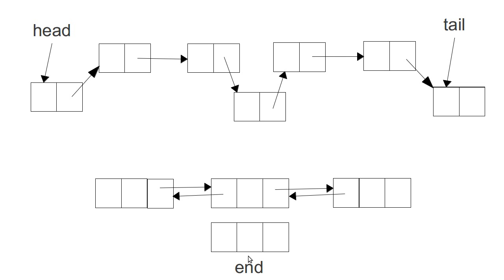And sentinel is just a name I don't like to have to type in for my variables all that often. So I go with the end. Why the end? Because it's both the beginning, the first element, and the last element in a way. I make this list circular, and I make it so that the first element points to end, and the last element points to end. So end is the previous of the head, and it's the next of the tail.